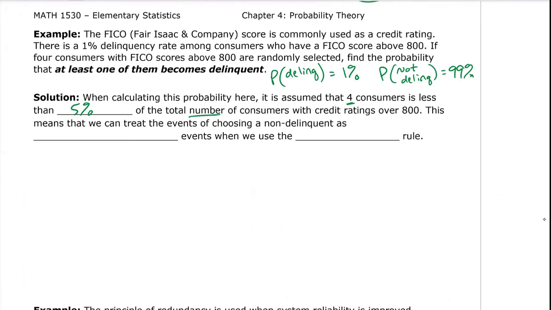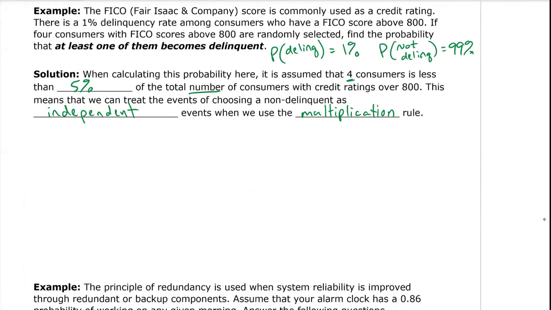Basically what that means is I'm going to treat the events of choosing a non-delinquent as independent events, which means like when you take one out, you replace it when we use the multiplication rule. So you won't have to worry about changing your fractions or changing your numbers that you multiply each step of the way. You're basically just going to assume it's independent events.